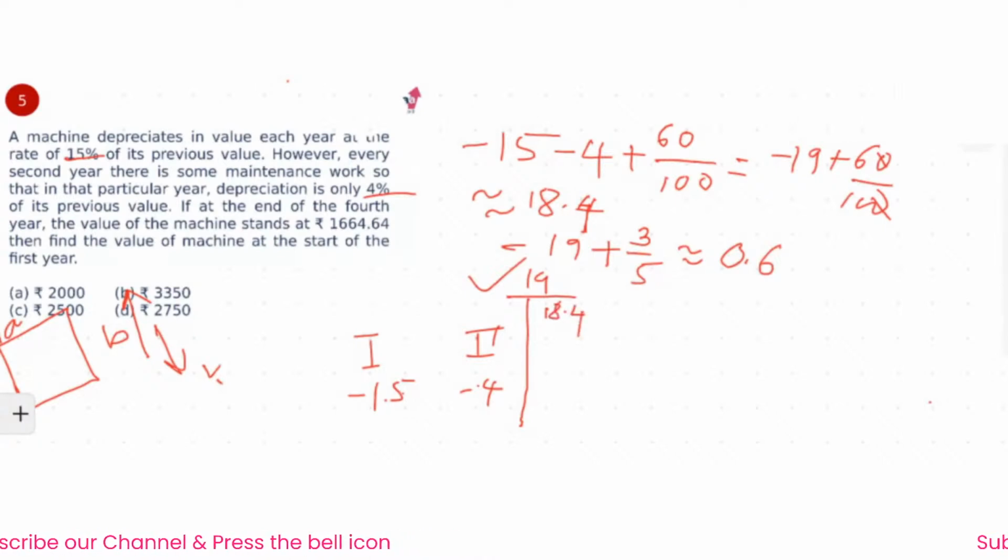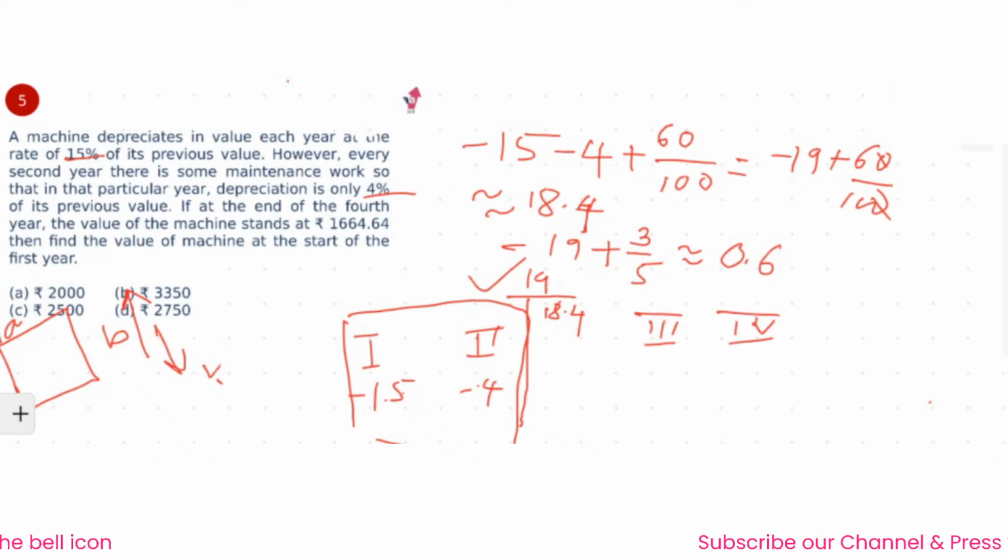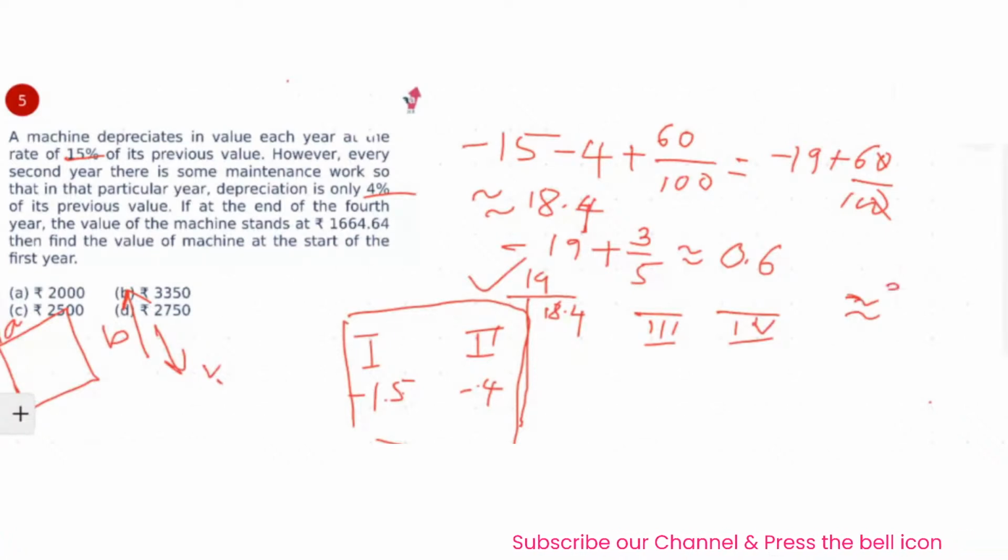So if we apply the same logic for the next set of 2 years, it is expected that the value will be reducing by approximately 35%. But as you can observe, the value was not 19 but less than 19.